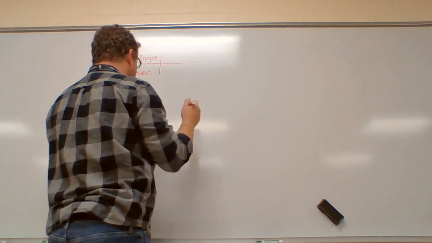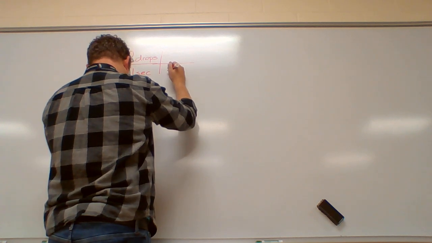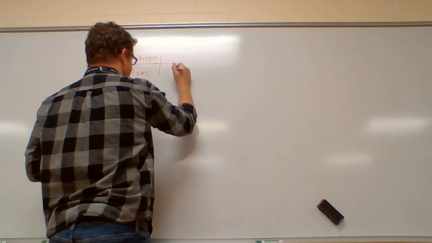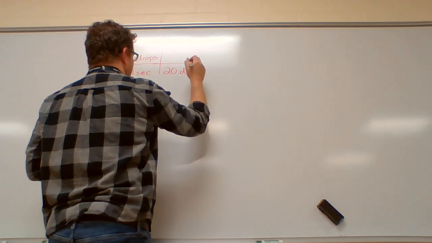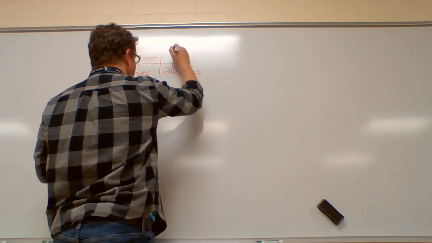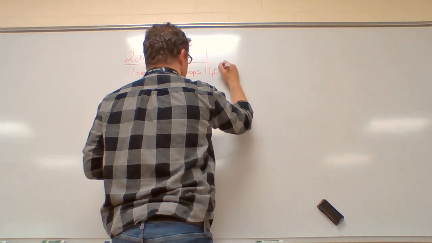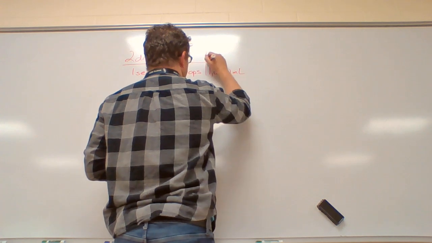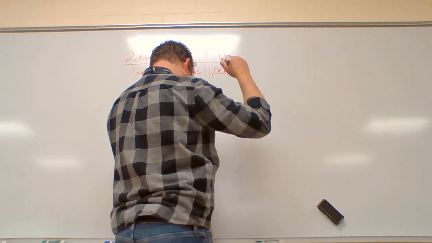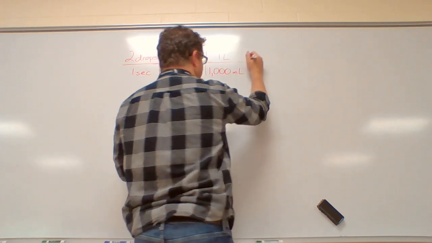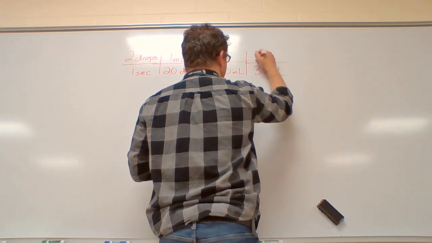So if we do drops first, according to our assignment, remember we always have to put it diagonally, so 20 drops equals 1 milliliter, 1,000 milliliters equals 1 liter, and 3.78 liters equals 1 gallon.